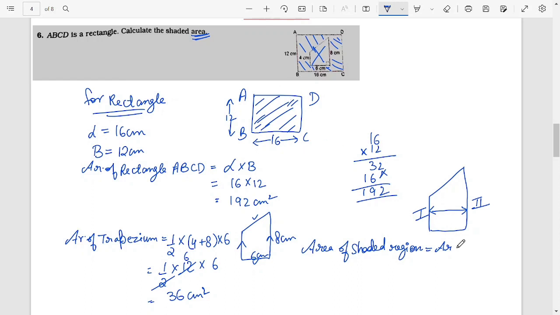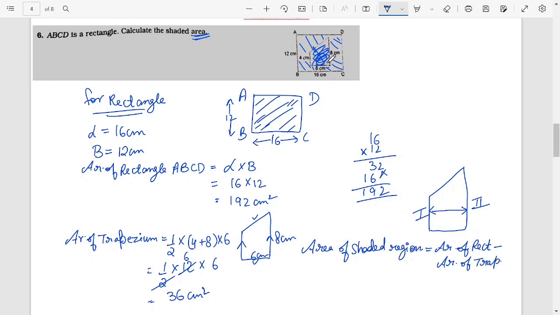Full figure is the rectangle. Area of rectangle minus which part do we have to remove? This trapezium is unshaded. So we will cut the trapezium area. So minus area of trapezium. This formula we will write.